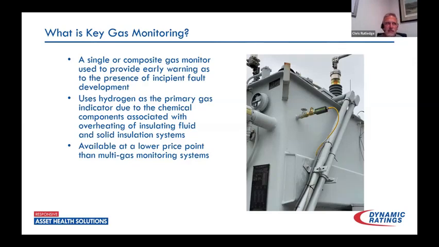So it really provides us a very solid indicator that we have a thermal condition, be it PD, arcing, overloading, hotspot situation, where we're exceeding that 150 degrees. So at 150 degrees C, we're also going to start seeing some pretty serious degradation of our solid insulation systems. So that's kind of the tipping point of where we're starting to take the life out of that transformer, or useful service life.